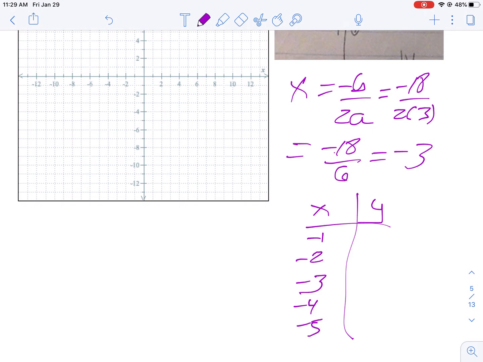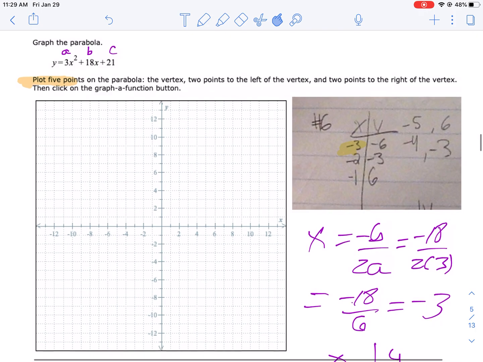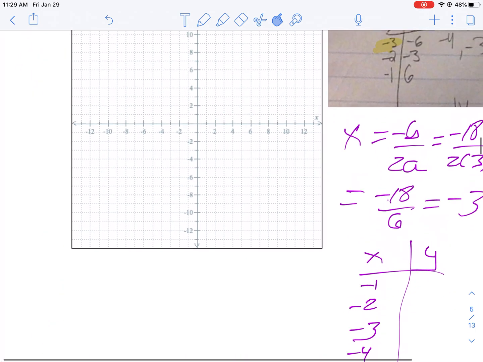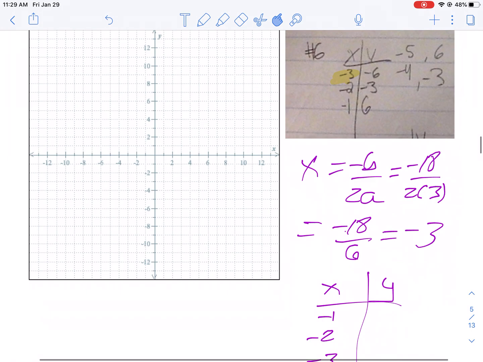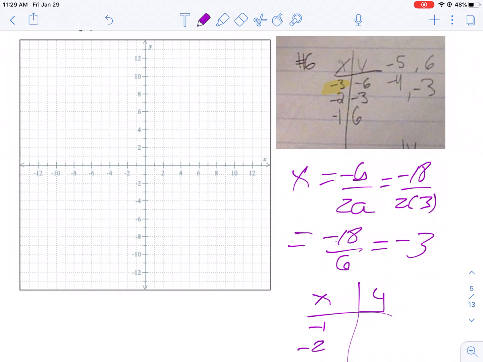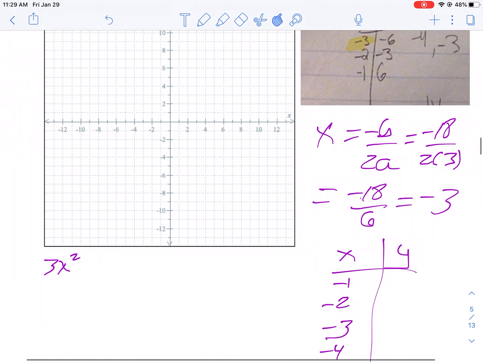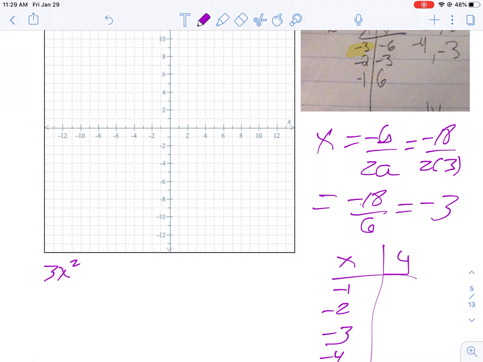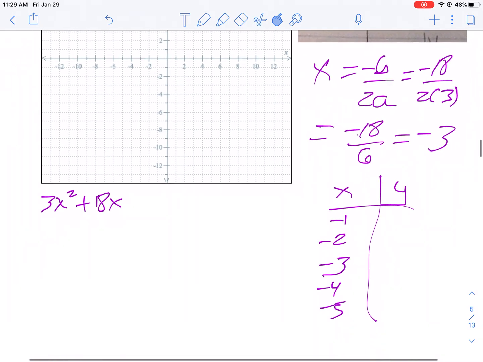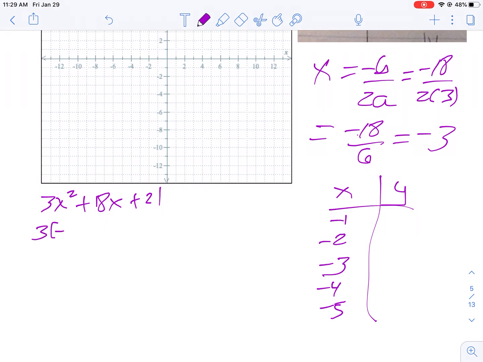Let's start by finding the value when x is -3, because that's my vertex. So I'm going to copy the problem down here so I don't have to flip it back and forth all the time. So it's 3x squared plus 18x plus 21. So now we're going to do -3. So we're going to say 3 times -3 squared plus 18 times -3 plus 21.